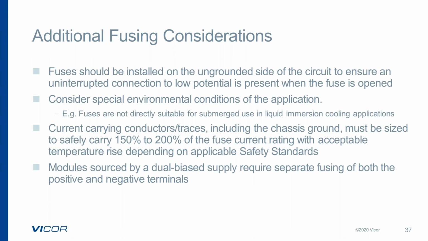And so the fuse clearing will prevent that failed system from overheating or from further damage being done to this failed site. And so we have to make sure that the current conductors or traces leading to the system are properly sized to carry the current before the fuse clears.